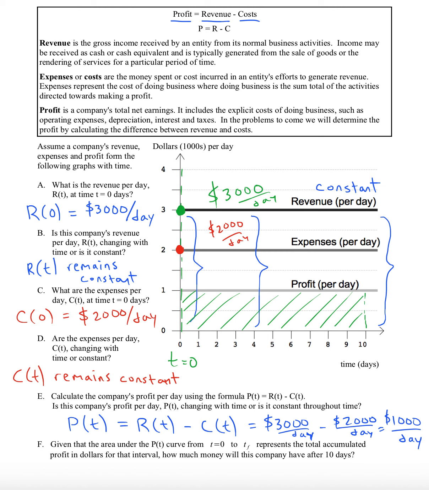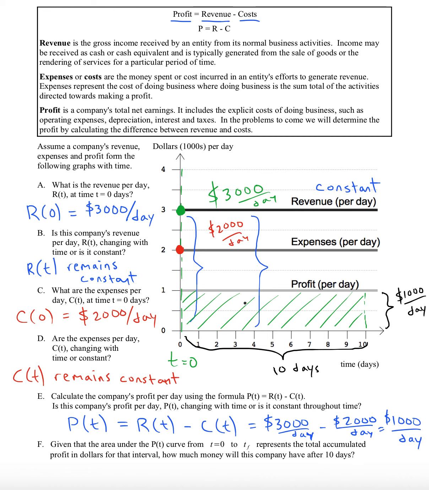Okay. Now, what are the dimensions of this? Well, the height is $1,000 per day, but the width of the interval is 10 days.